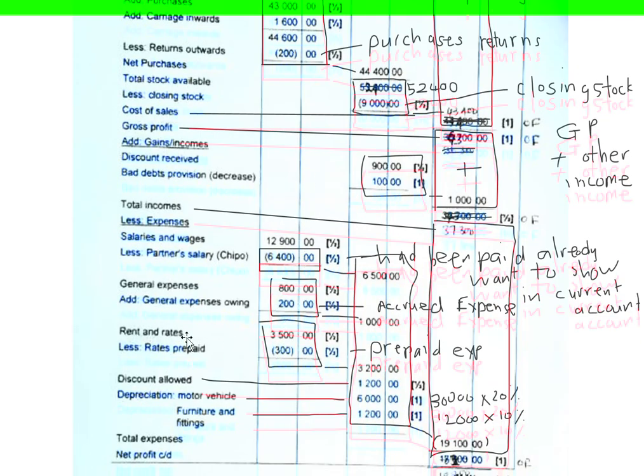Now, there were other expenses, rent and rates. Rent and rates, there was a balance that is given to us at the start of the question, 3,500. But in the additional information, 300 of the 3,500 was prepaid, and it relates to our next financial year. We want to truly reflect the expense for the current year of rent and rates.